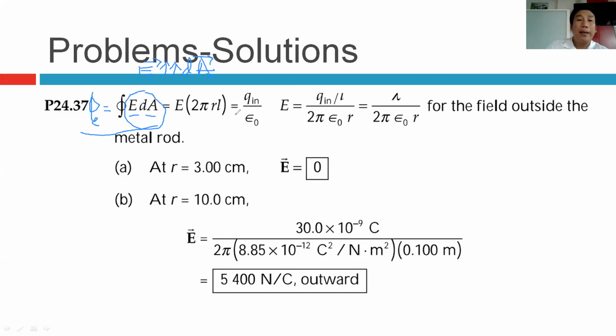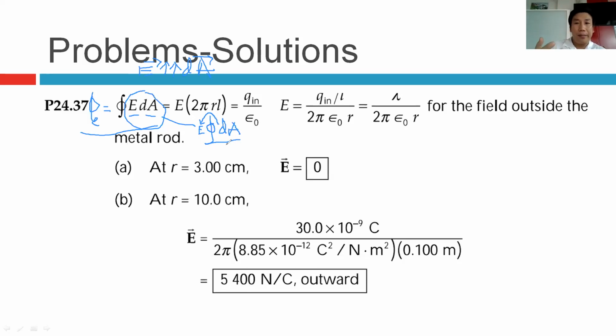And because the electric field is the same on the side of the cylinder, its value is constant. This means I have the integral of E dA, and because it's a constant, I move the electric field outside the integral. After I move that, we only have to integrate just the area.